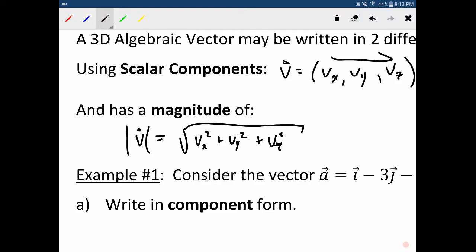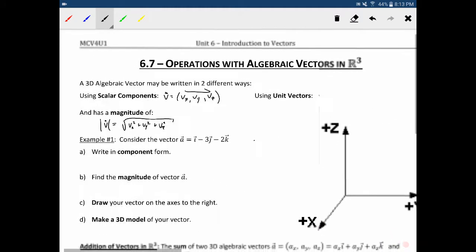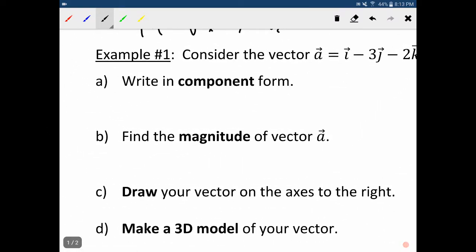So we're going to take a look at an example here. We've got a, which is i minus 3j minus 2k. First of all, we're going to write this in component form. This is fairly straightforward. You just take those coefficients and make those the components. So it's going to be 1, negative 3, and negative 2.